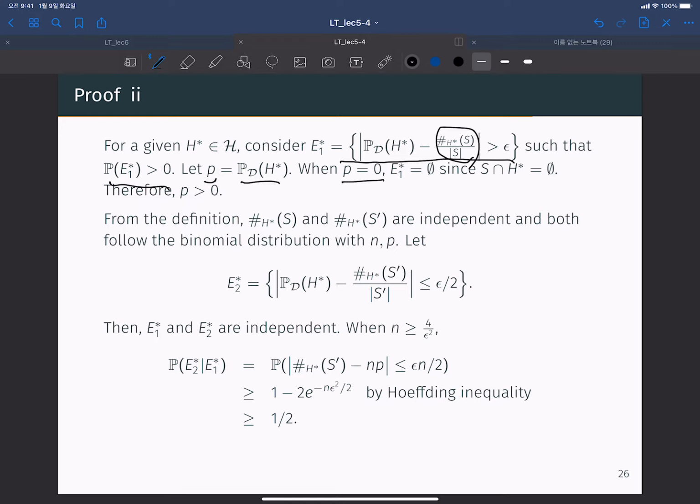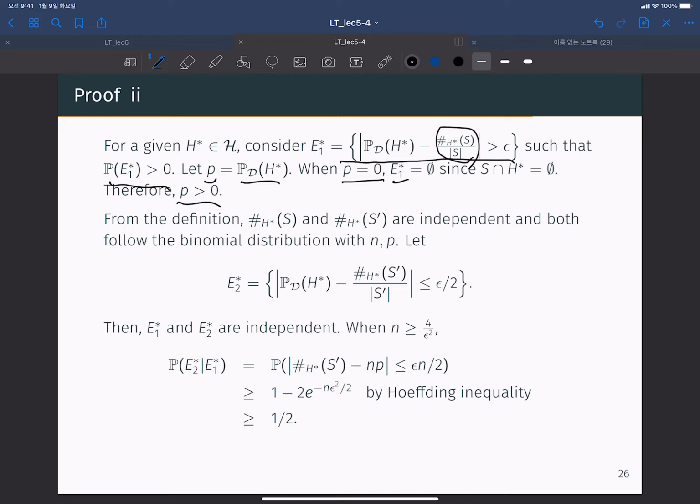When P is equal to 0, then E1 star is the null set, because P equal to 0 means whenever you sample, the sample is always located in the negative area. So the training error is always 0, and the test error is also 0 from the definition. Therefore, P should be strictly greater than 0.